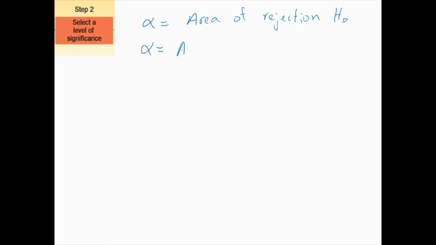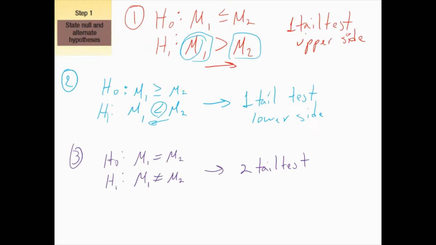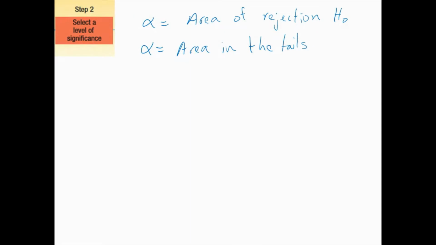The alpha is the area in the tails. Whether this is a one-tail test or two-tail test, whatever the area in the tail is, that is the alpha. So the alpha here is the level of significance, which is always given in the exercises.